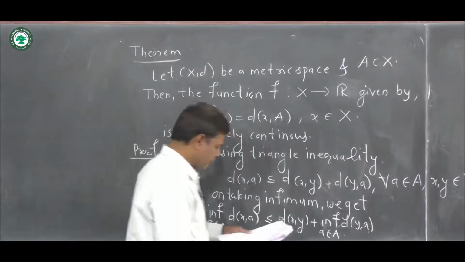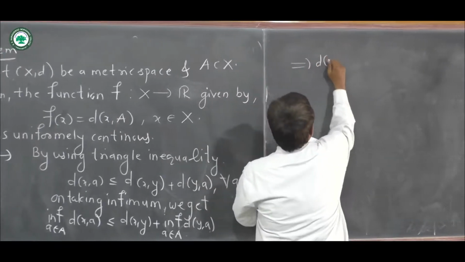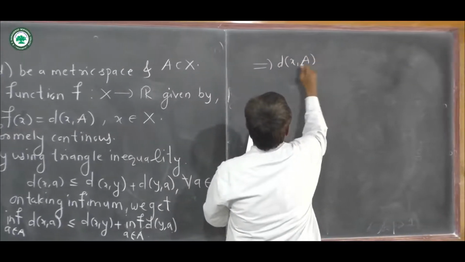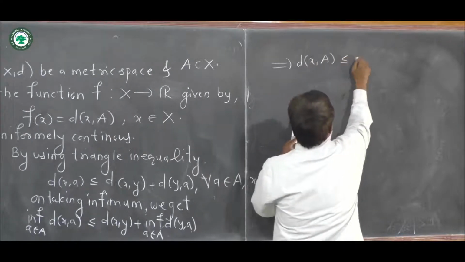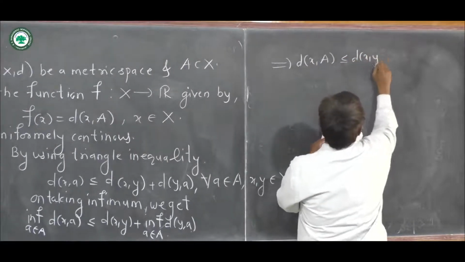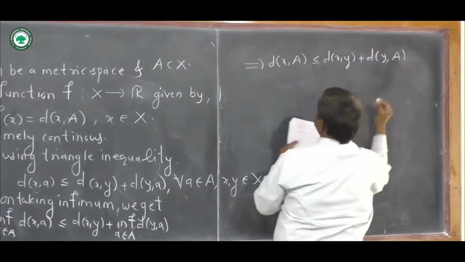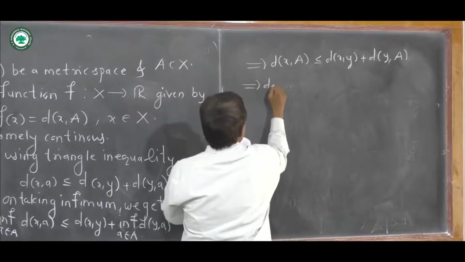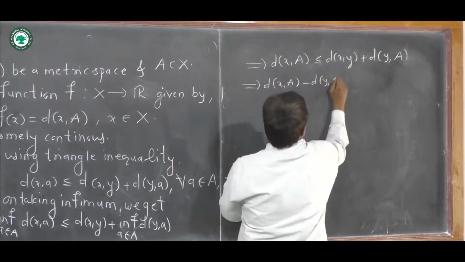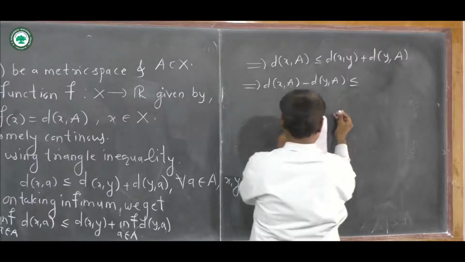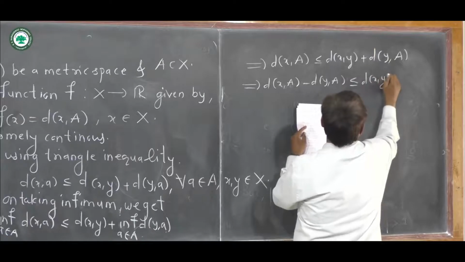So therefore we write d of x comma A, which is actually the definition of the distance between a set and a point, is less than or equal to d of x y plus d of y comma A. So this implies that d of x A minus d of y A is less than or equal to d of x comma y.